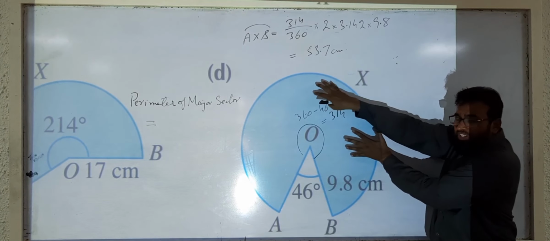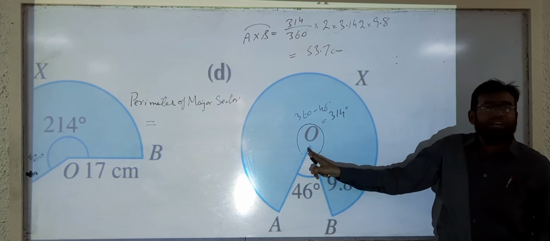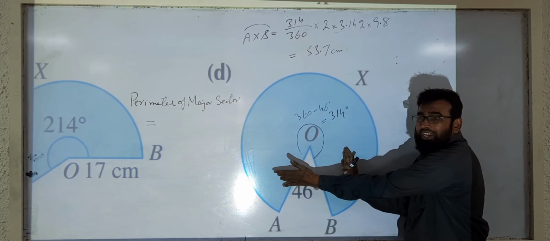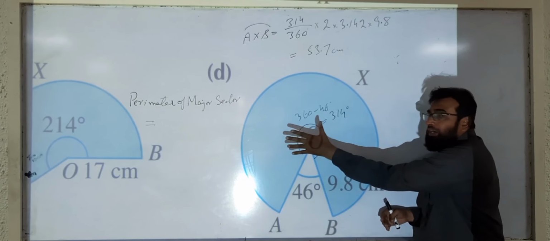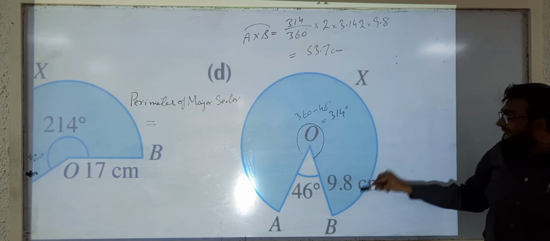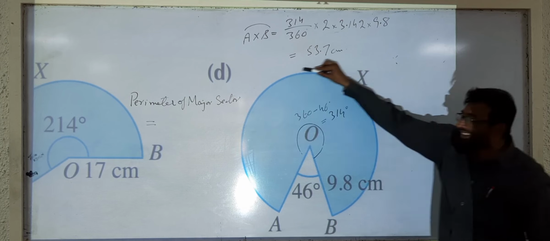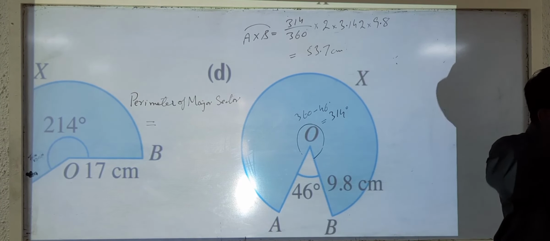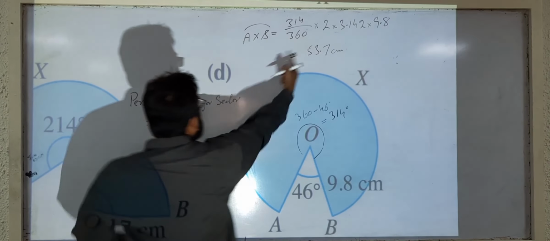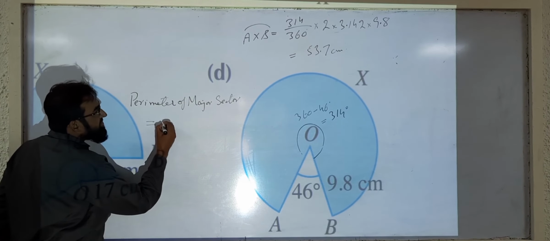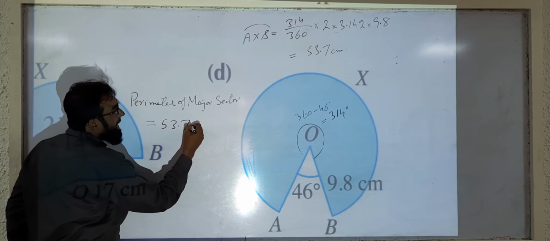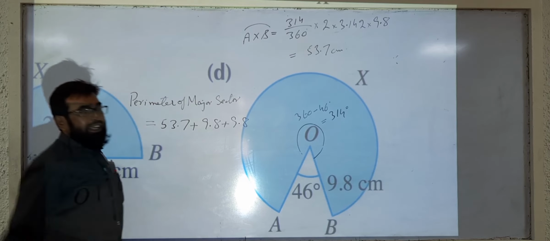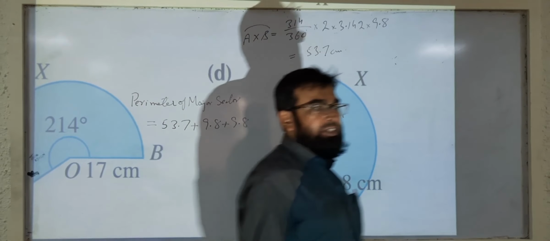But the outer boundary of this shape also consists of these two radii. This is also part of this blue area. You will have to see what lines are the boundary lines of this blue area. Not only this curved line, but these two radii are also part of it. So first of all you find the arc length, which is 53.7 plus 9.8 plus 9.8, meaning 2 times the radius.